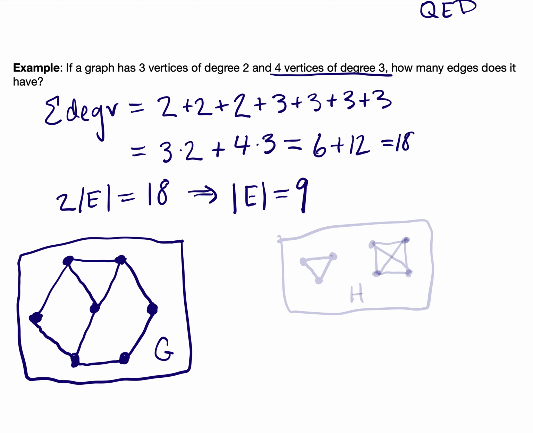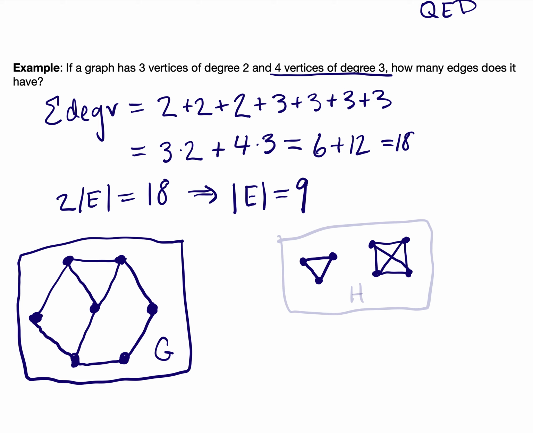Let's make another one. We could also make a disconnected graph that meets that criteria. So we could have a cycle with 3 vertices on it, and then also have a set of 4 vertices that are each connected to each other. 1, 2, 3, 4, 1, 2.